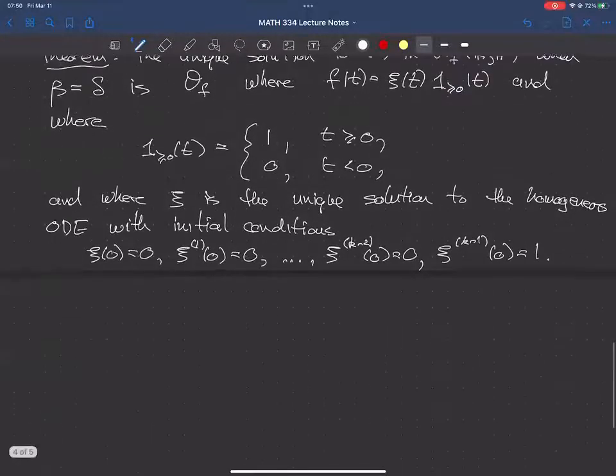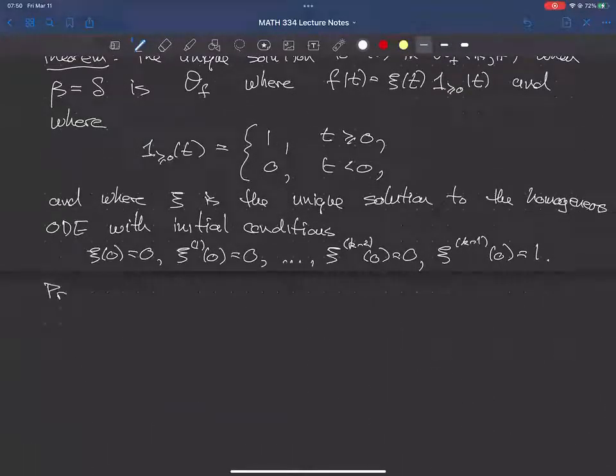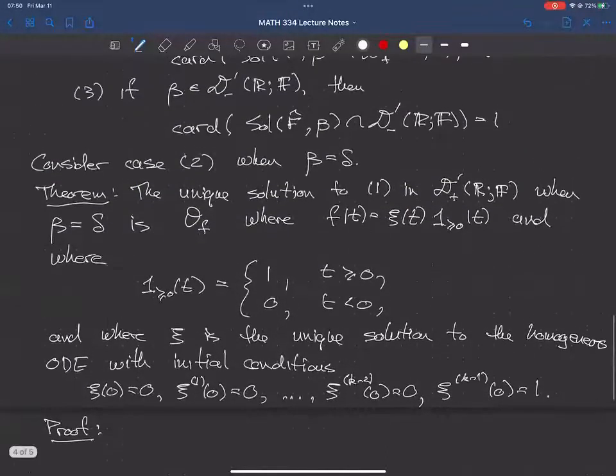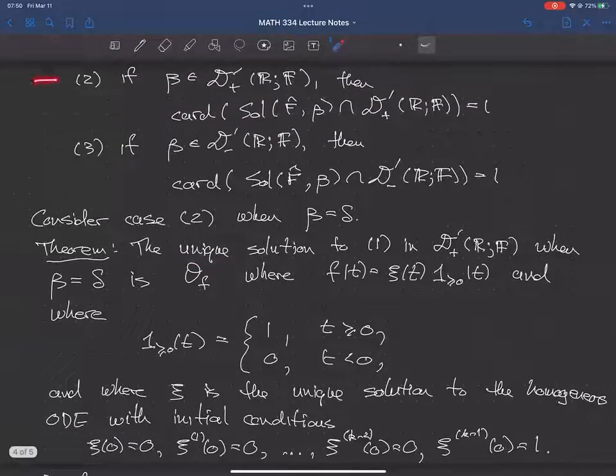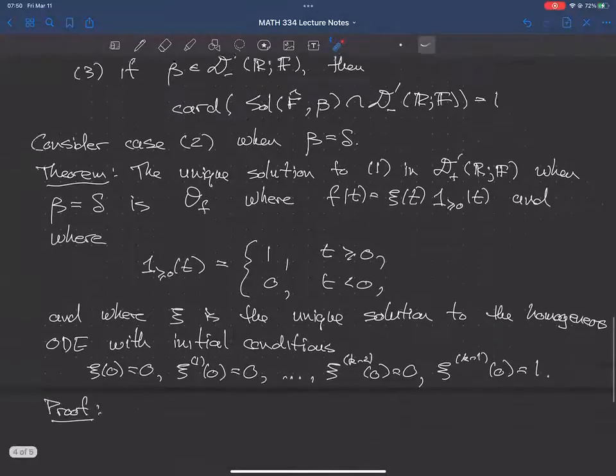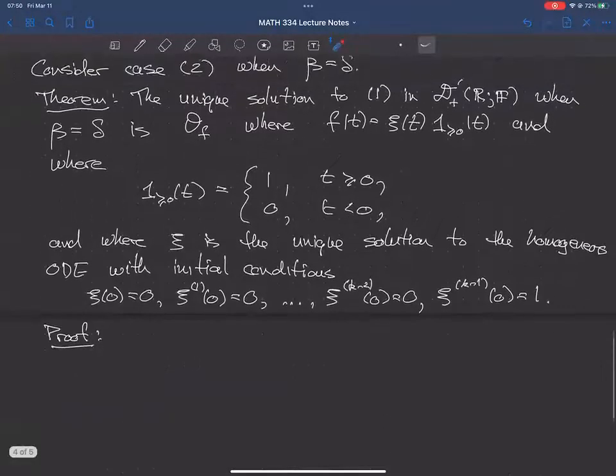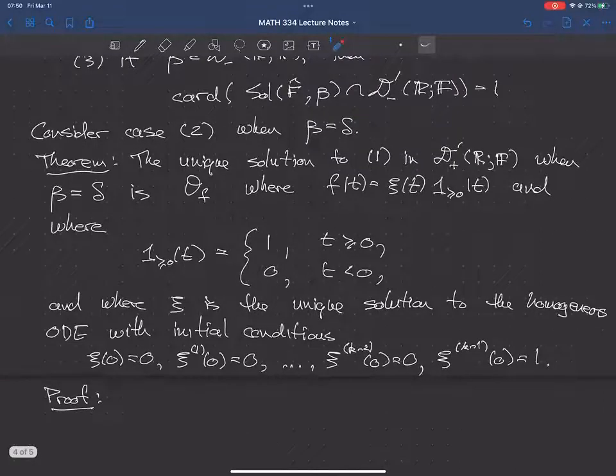All right, so let's prove this. Uniqueness here comes from part 2 of this theorem that I haven't proved. So I'm just going to prove existence here, and I'm going to prove existence simply by showing that this distribution satisfies the equation with delta as the inhomogeneous term.